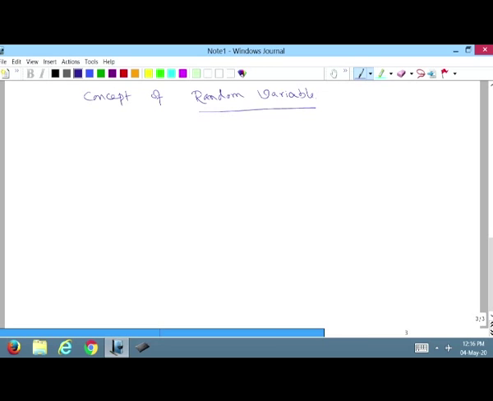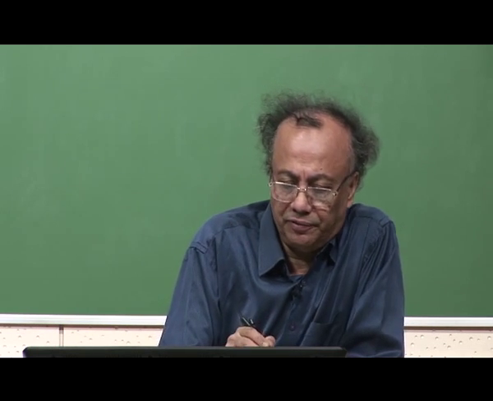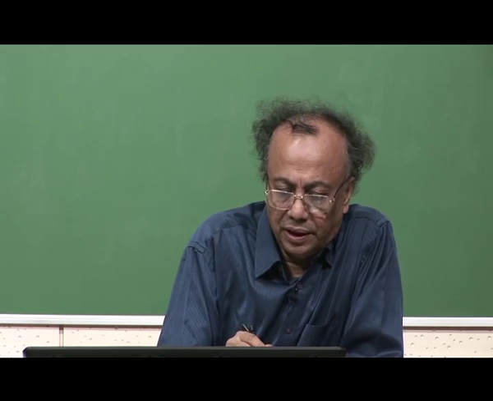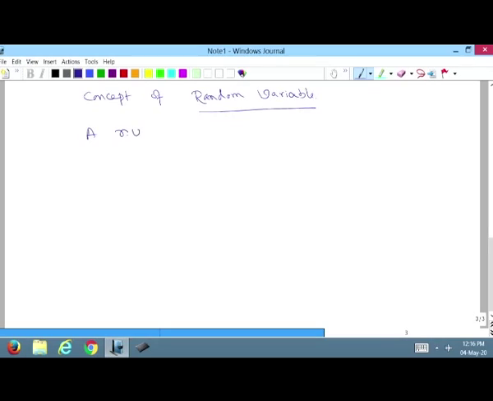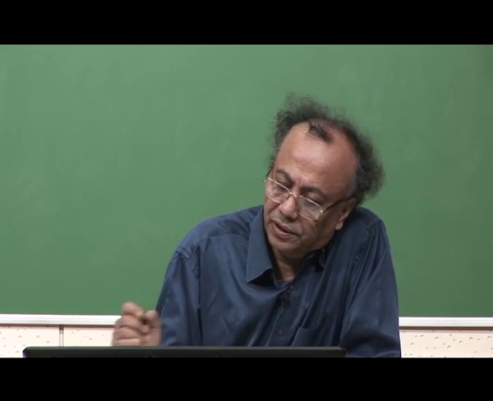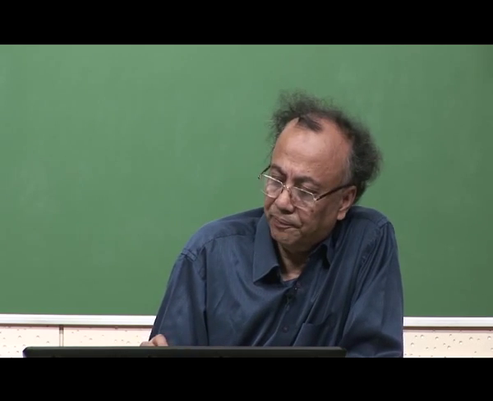For you, I give a very simplified definition of random variable, which is as follows: a random variable is a mapping from the sample space omega to real number. This is not the complete definition, but at your level let us stick to this.